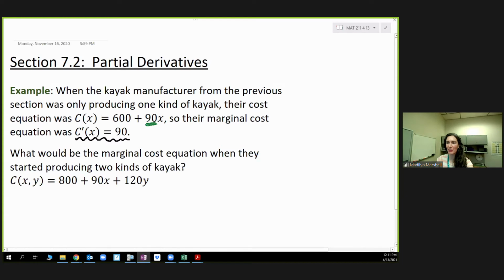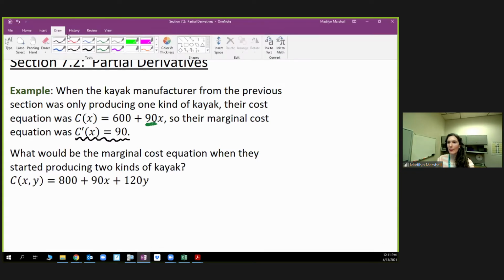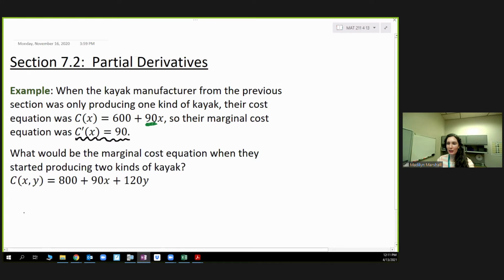Every time we make another kayak, every time we increase x by 1, we're spending $90 more for cost. So marginal cost is conceptually the additional cost for making one more unit of something. The thing here, though, is that we have two different things that cost two different amounts to make, so we actually need to think of these separately.